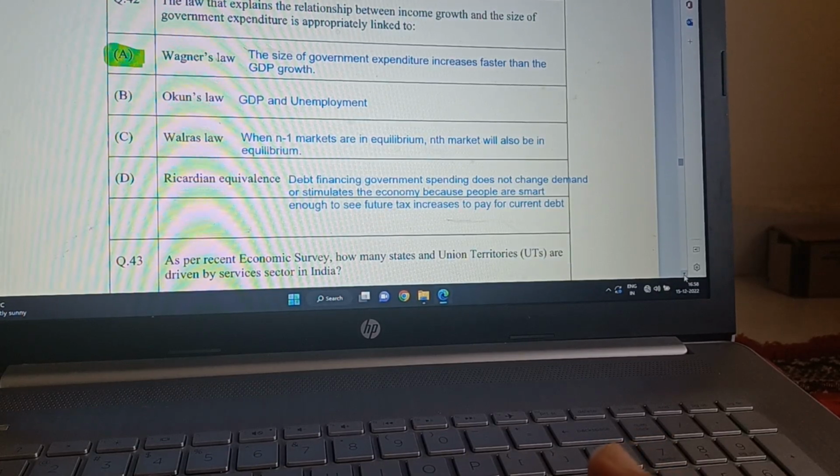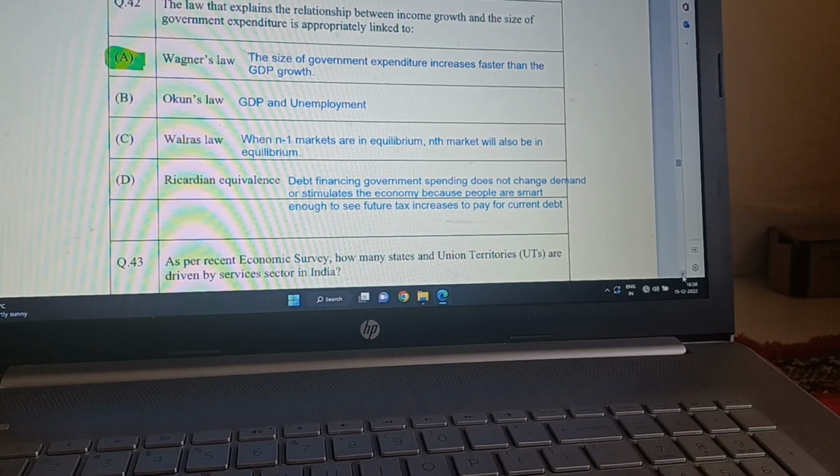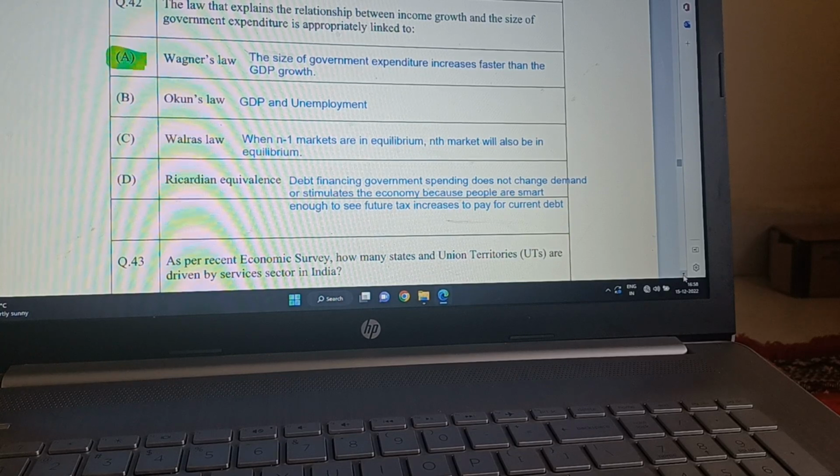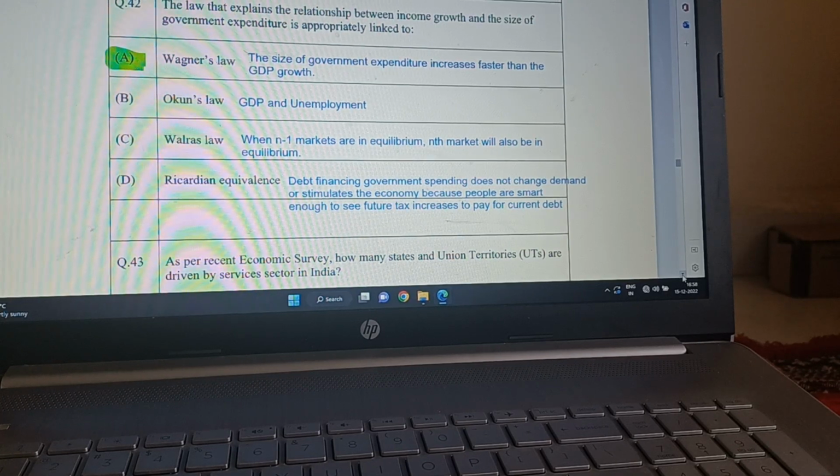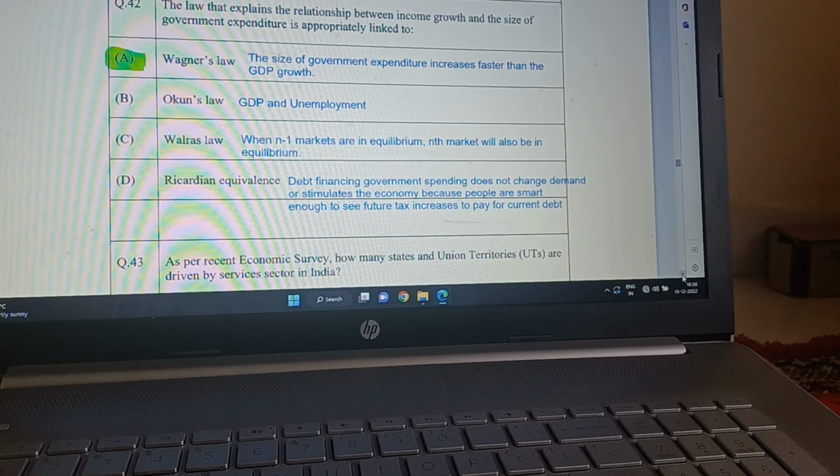The next question is: the law that explains the relationship between income growth and the size of government expenditure is appropriately linked to. The first answer is Wagner's law. Wagner came with the empirical evidence that as the GDP increases, government expenditure increases faster than the GDP.